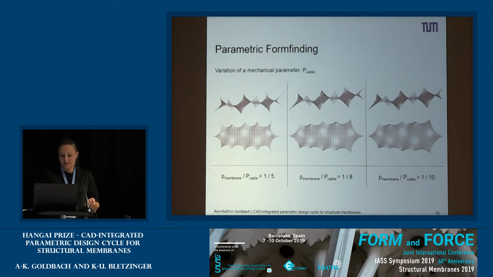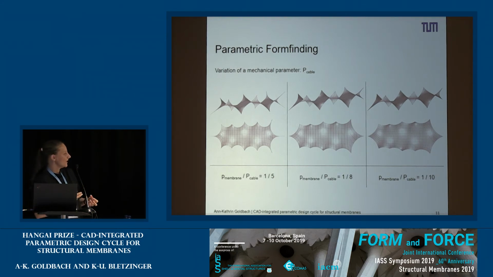which is a very convenient way to test different parameter settings, like in this case the ratio of the pre-stress in the membrane to the pre-stress in the cables, which ranges from 1 to 5 to 1 to 10 and just changes the curvature of the edge cables.